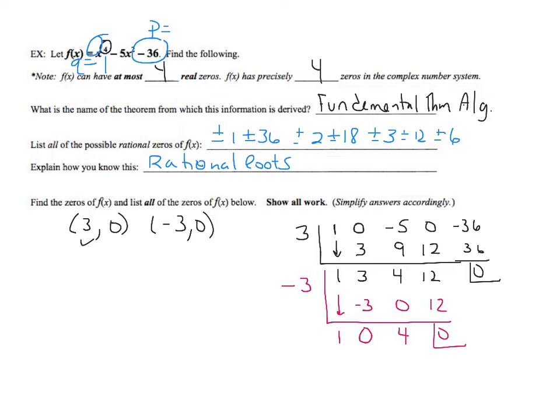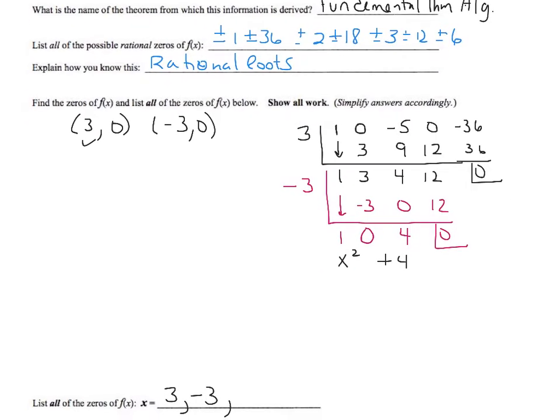So I divide both of them out, and I end up with 1, 0, 4. But what this really means is x squared plus 0x plus 4. So what I've just found is a quadratic that will find my other two zeros. I took both zeros I found simply from the graph on the calculator, and now I end up with this.